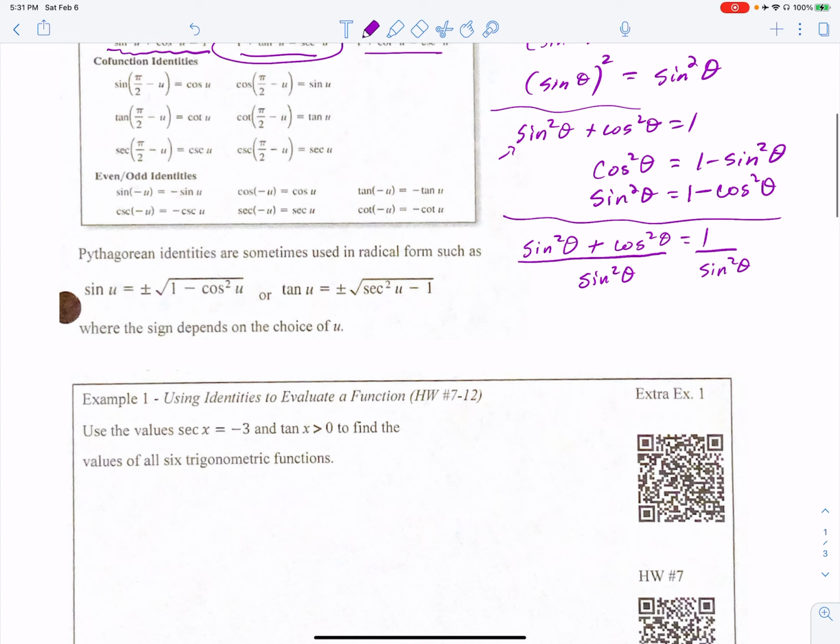This is part of what you're going to be doing in your homework, doing some algebraic things to different equations and expressions.